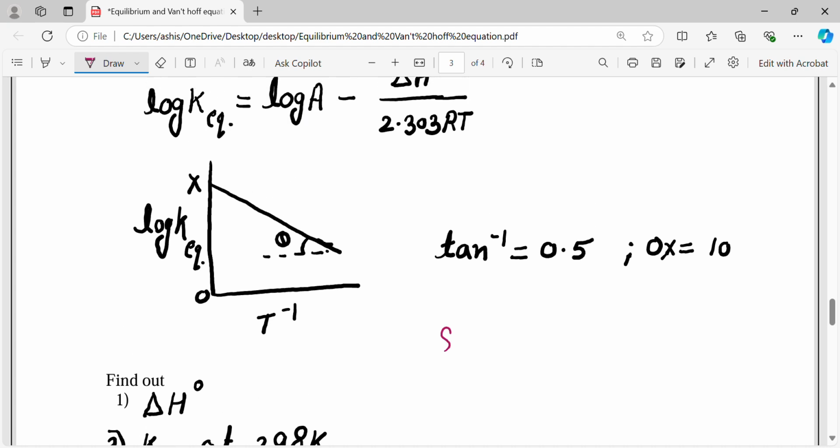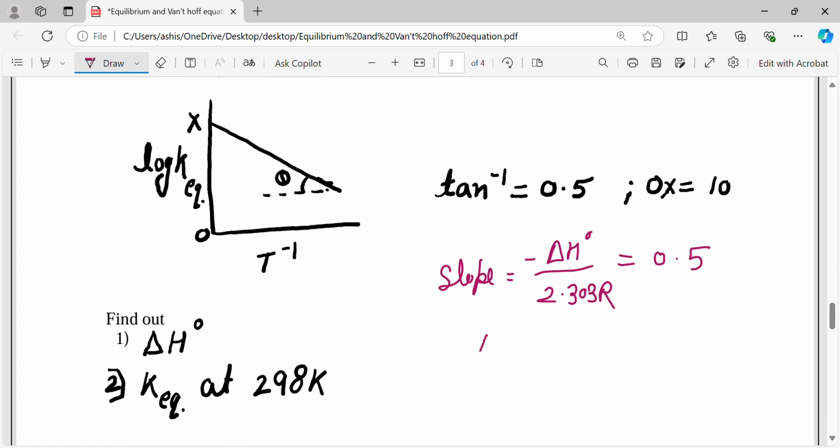It's very simple. Let's see the value of slope. Slope is equal to minus delta H naught upon 2.303 R, and the slope is tan theta, which is equal to 0.5, as given. From here we can calculate delta H naught, the standard enthalpy change.